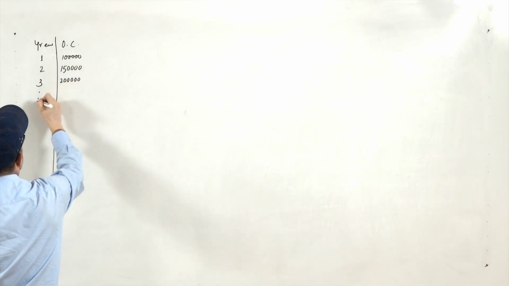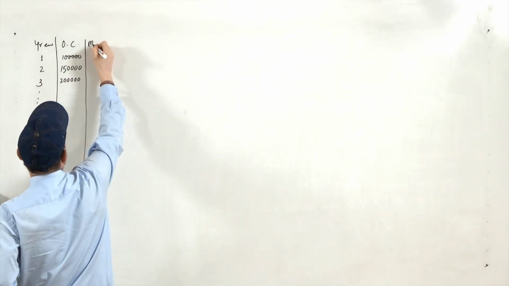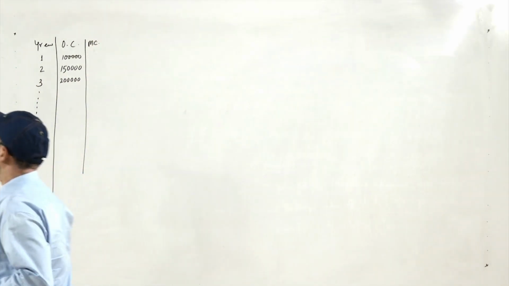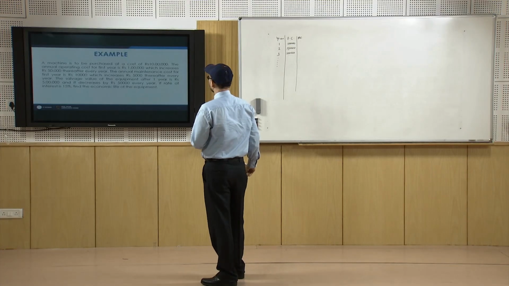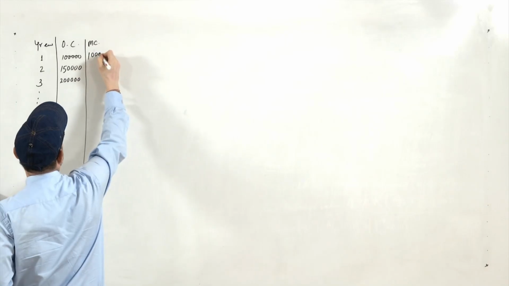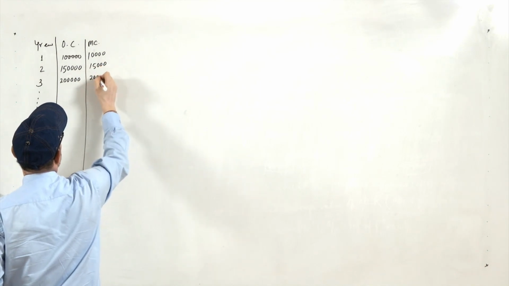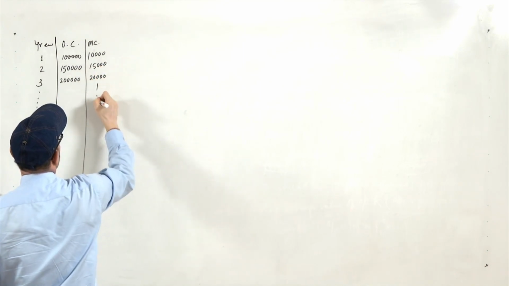It will go on increasing. Similarly, the annual maintenance cost is 10,000 and it increases by 5,000 every year, so next year it will be 15,000, then 20,000, and this way it will go.